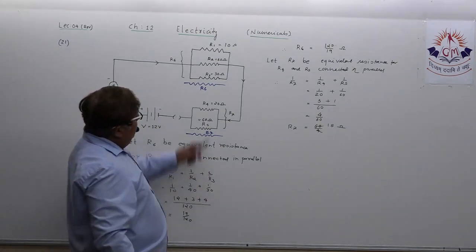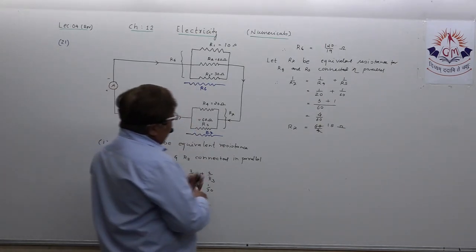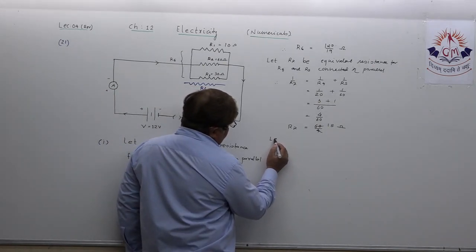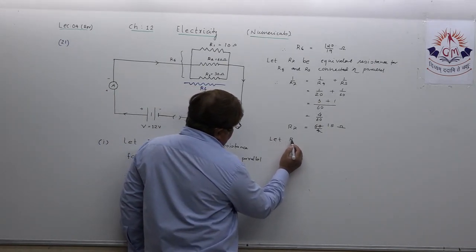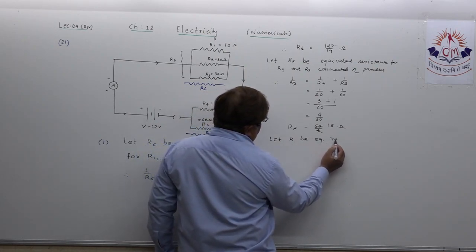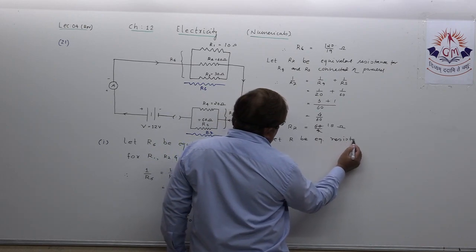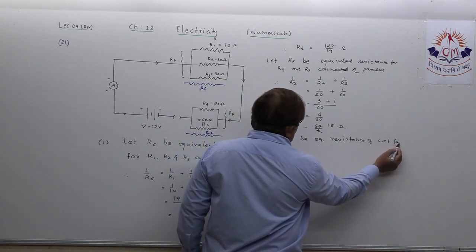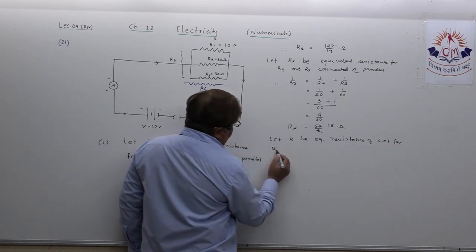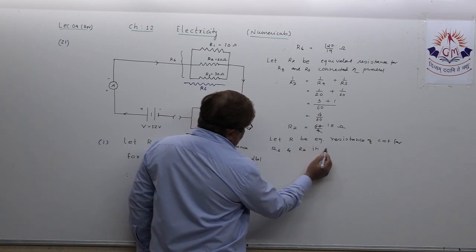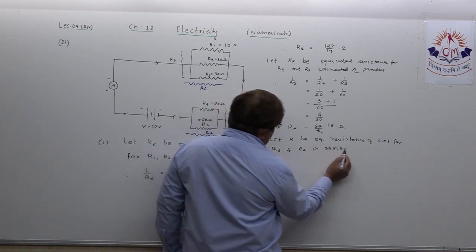So now R6 and R7, and now what you will write? Let R be the equivalent resistance of circuit for R6 and R7 in series.